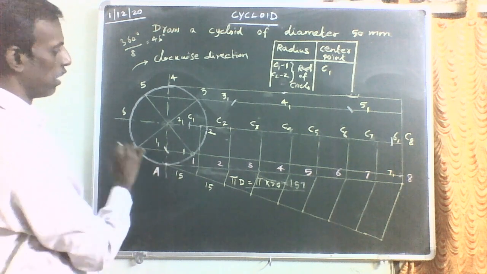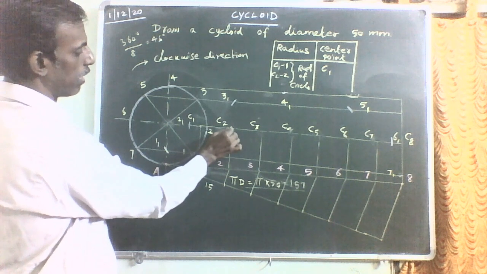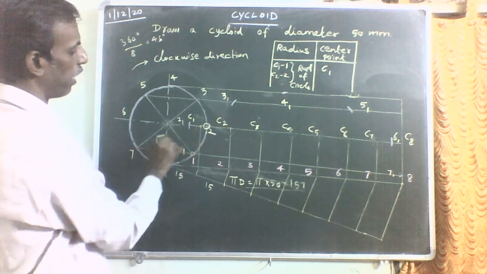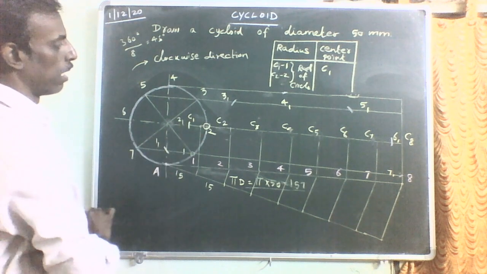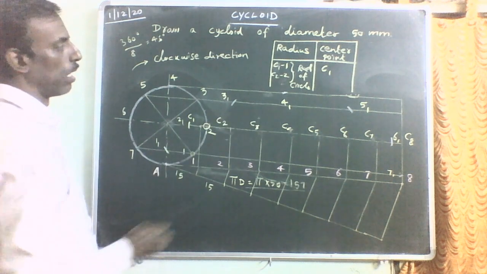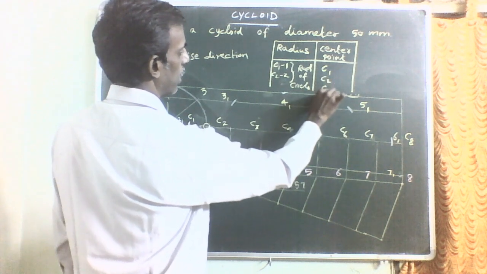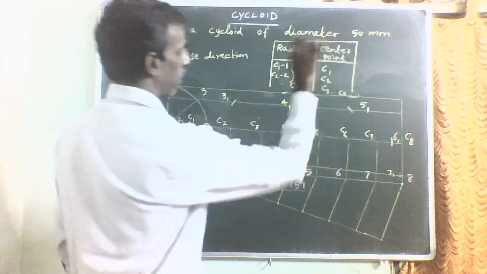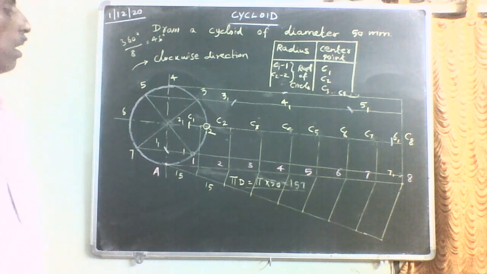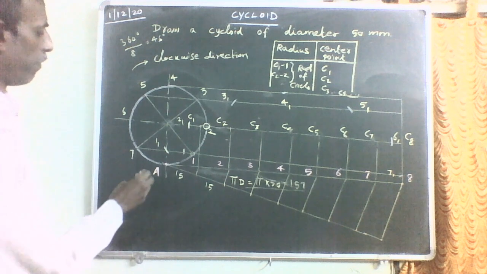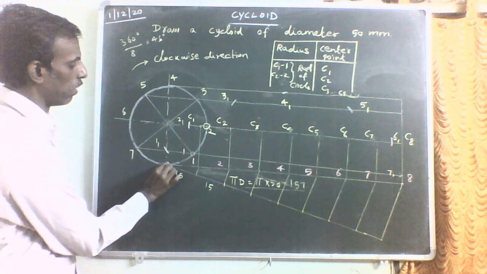This is the first arc. When you take the center point C2, draw the arc on the horizontal line passing through division point 2. So this will be your second arc. Likewise, you are going to construct the arcs, with center points C1, C2, C3 up to C8. Now, the free end, you smoothly connect the curve.